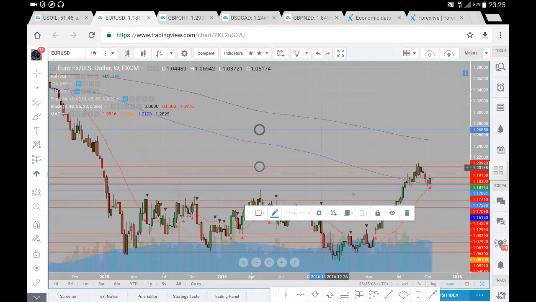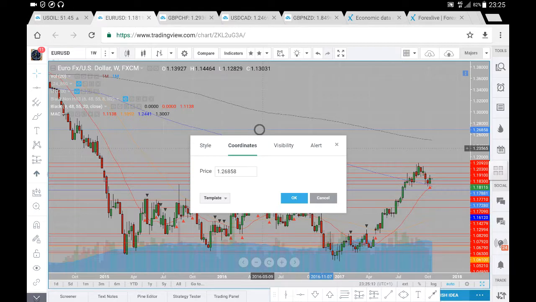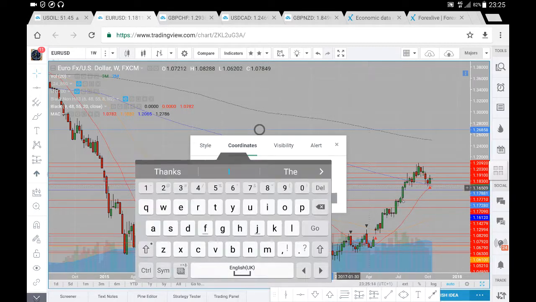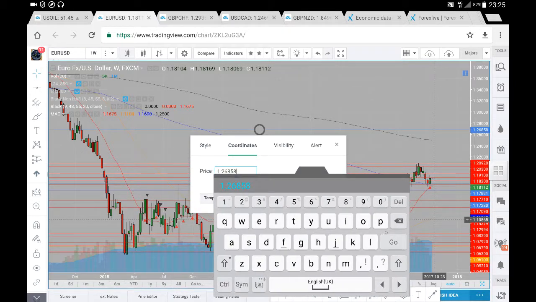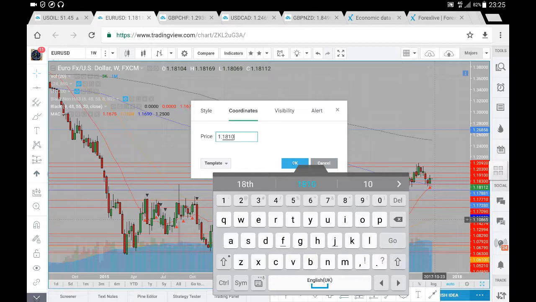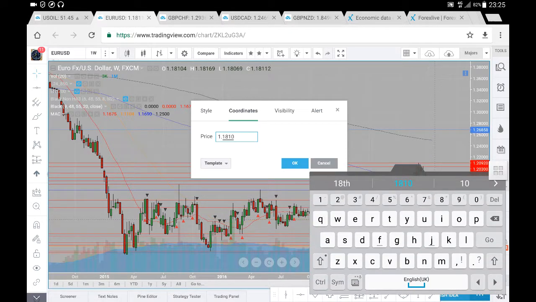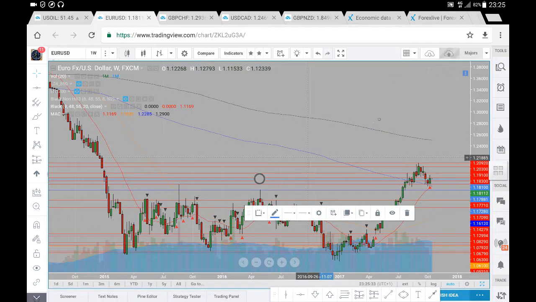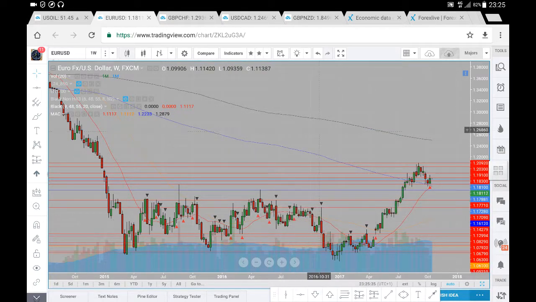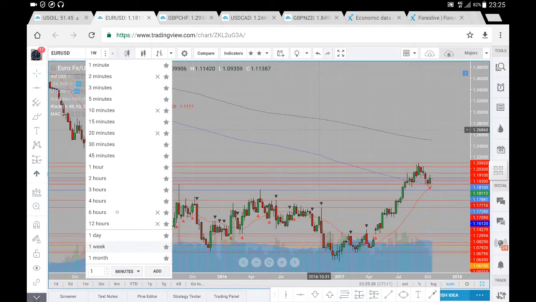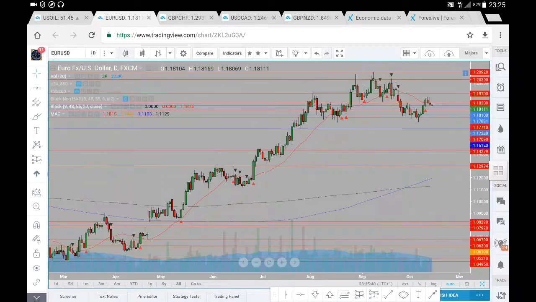It's blue, and it is 1.1810. If we go down to the daily time frame, also just have a look.